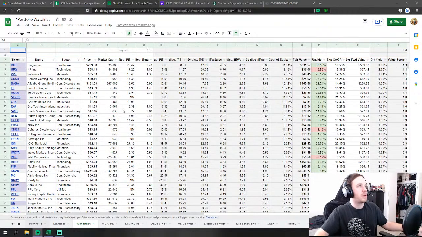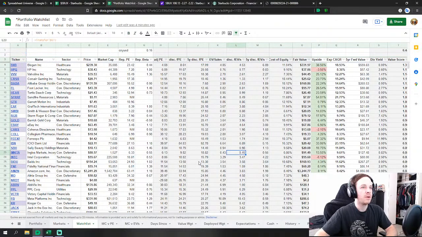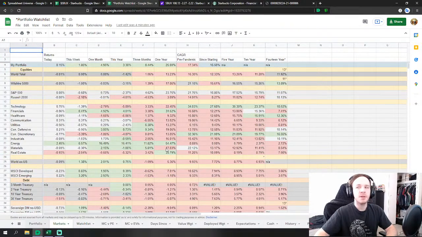So, before we get into today's valuation, I want to go over a new piece of my portfolio and watch list spreadsheet that I've put together, which is this markets page. It's a little bit of a work in progress.